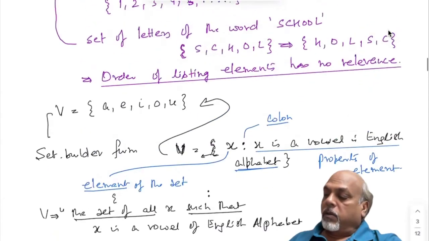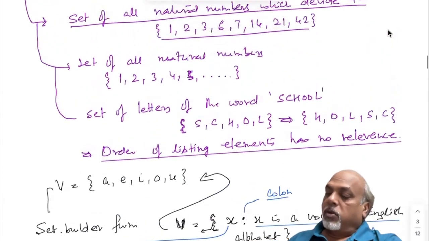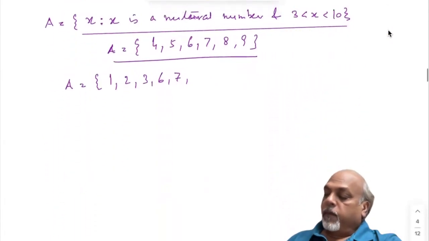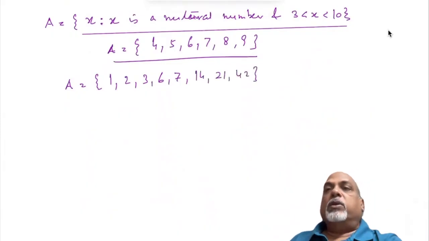Then what other things are there? 1, 2, 3, 6, 7, 14, 21, 42. So this is the roster form of all the numbers which divide 42.